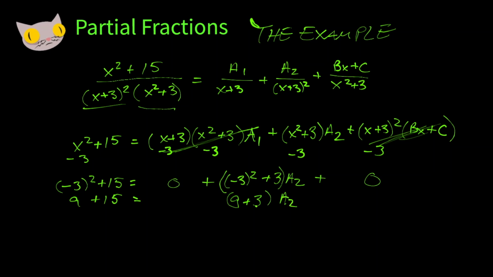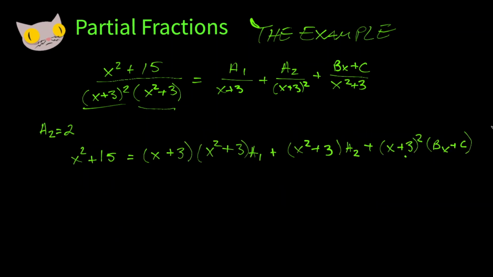9, 10, 11, 12. Sometimes I still have to count. What is this? Oh, 24. 24 equals 12 a2. Divide that out, and now we have our a2 value. a2 is equal to 2.